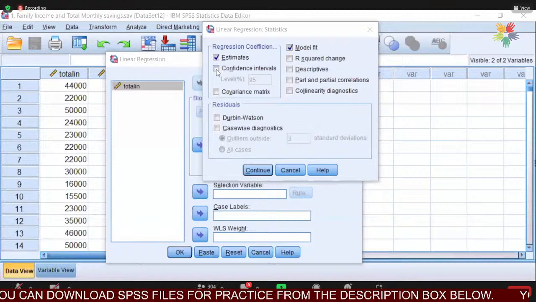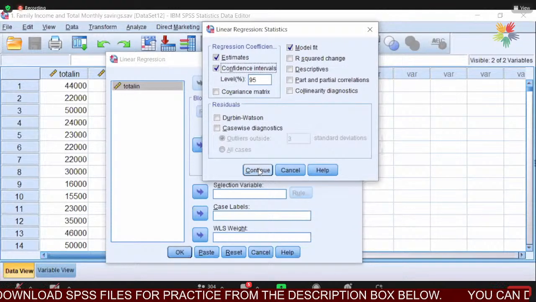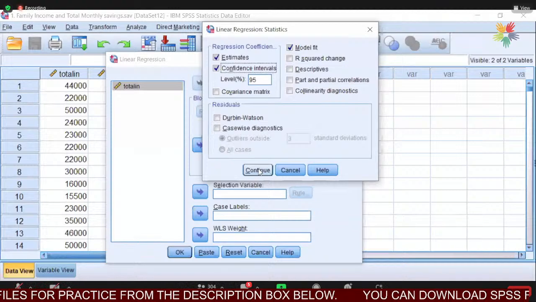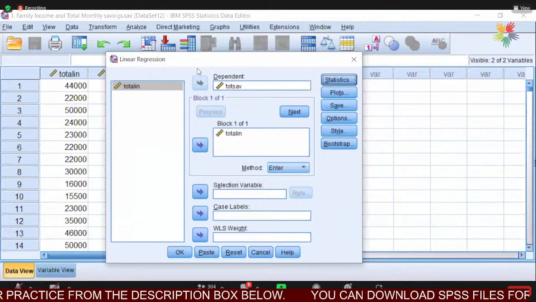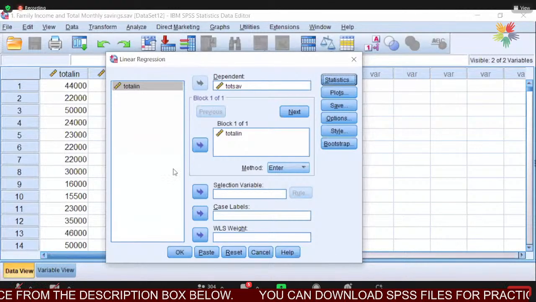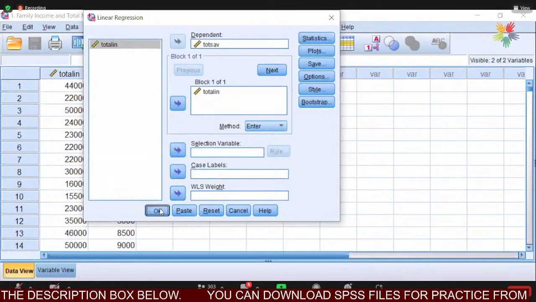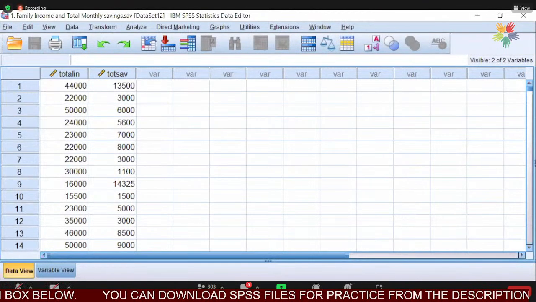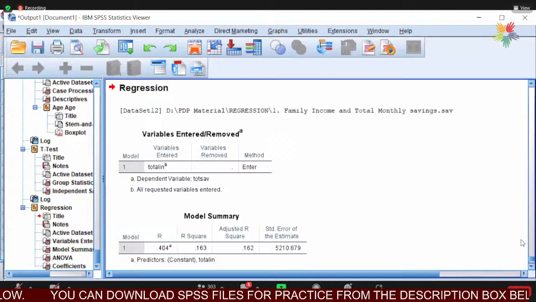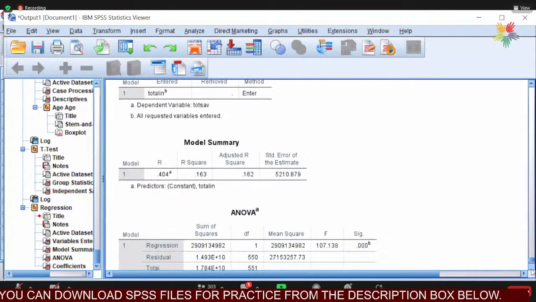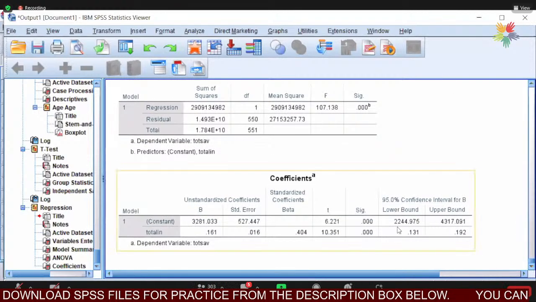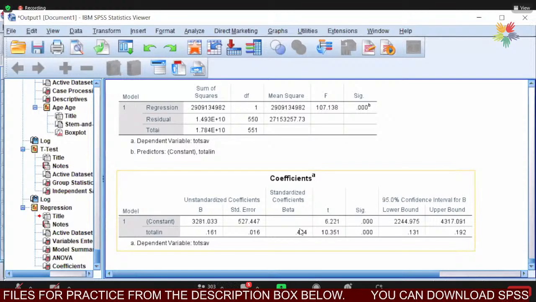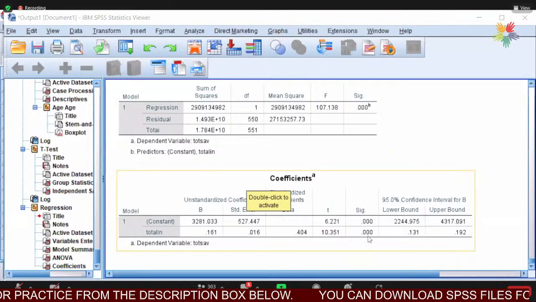Let me click the confidence interval. Now you can see the earlier output up to the significant value, and now you can see the lower bound.